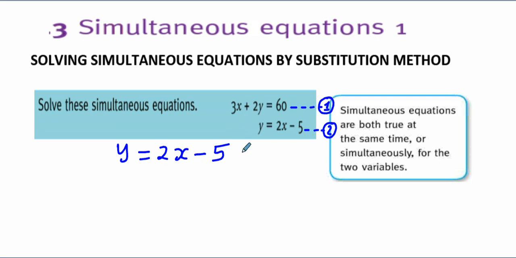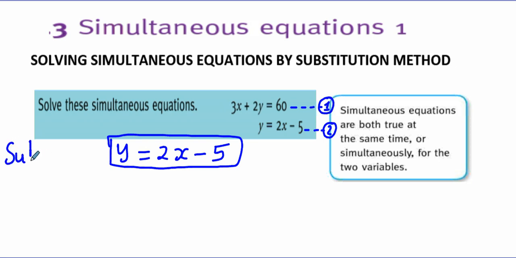What we do, we take any of the two equations, choose one letter and make that letter the subject. In this case, equation 2 has y, which is already the subject. So this equation, which has got the letter the subject, is going to be substituted into equation number 1.